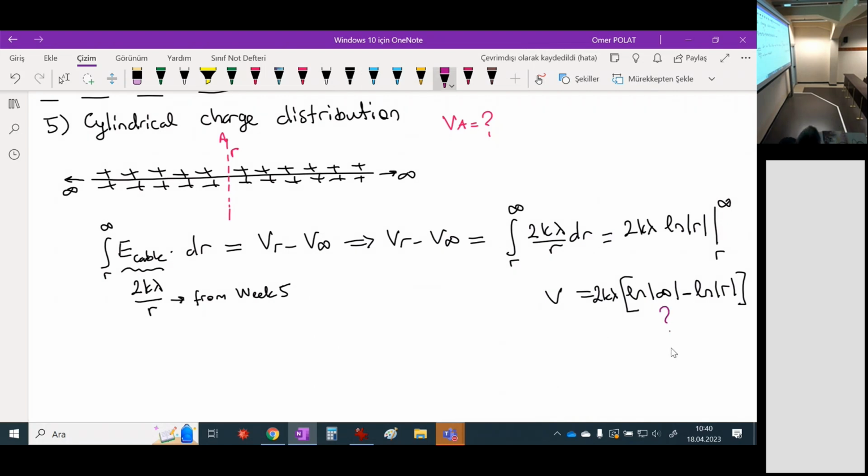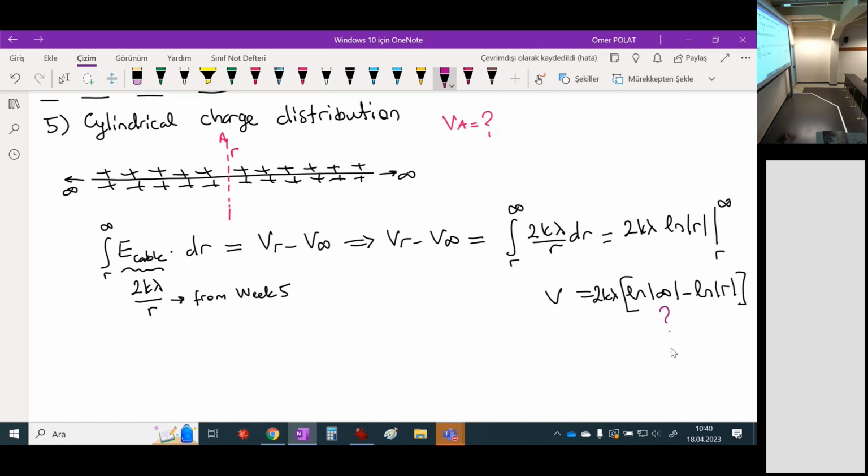In this case, the potential is not finite. So I cannot, of course, use this one, because ln infinity means infinity, but potential should be 0 at infinity, right? So I have to solve this problem.